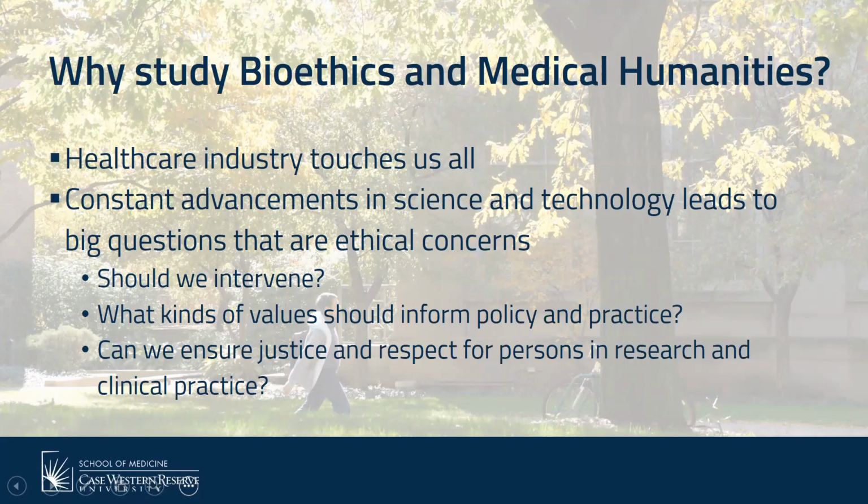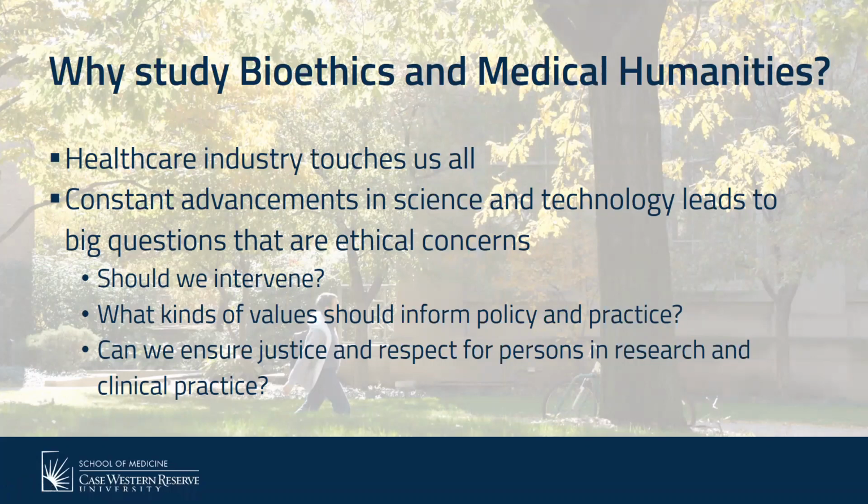So there are constant advancements in our science and technology, and also in our healthcare delivery, right? We're at a time where, for many standard procedures, a robot can do a better job than a human in a particular procedure. But it's the humans who have to answer these other types of questions: not can we intervene, but should we intervene, right?